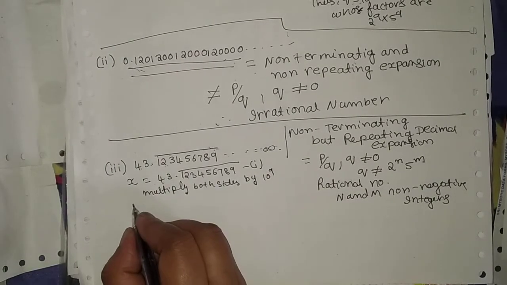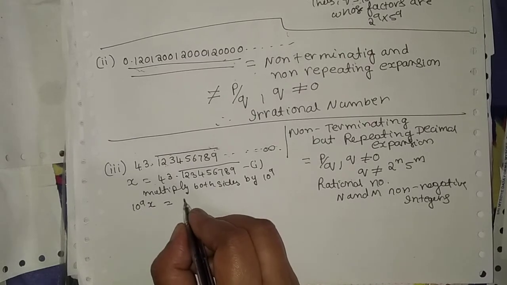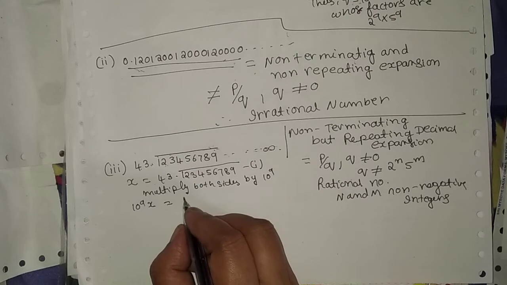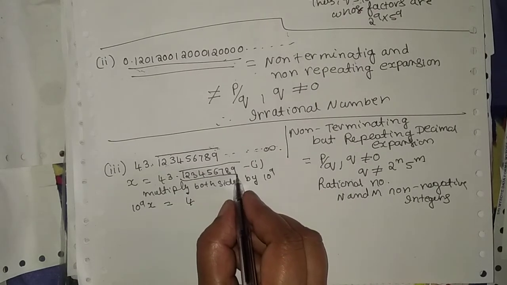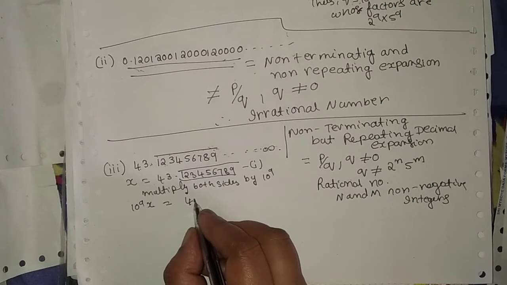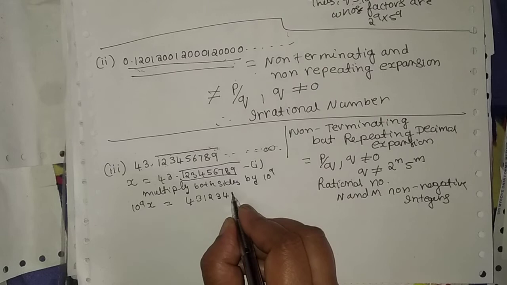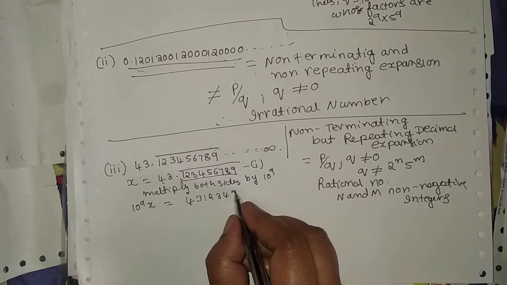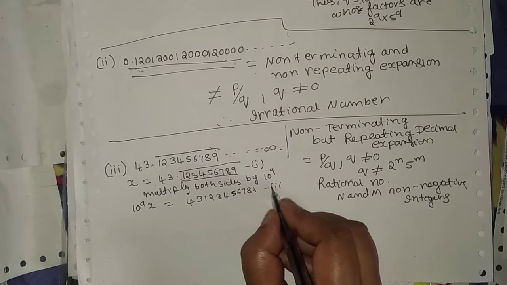So we get 10 power 9 into x equal to this. Since there are 9 digits here, we shift them, and give this as equation 2.